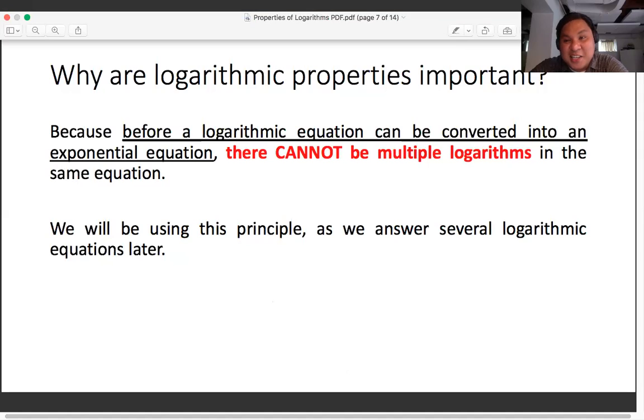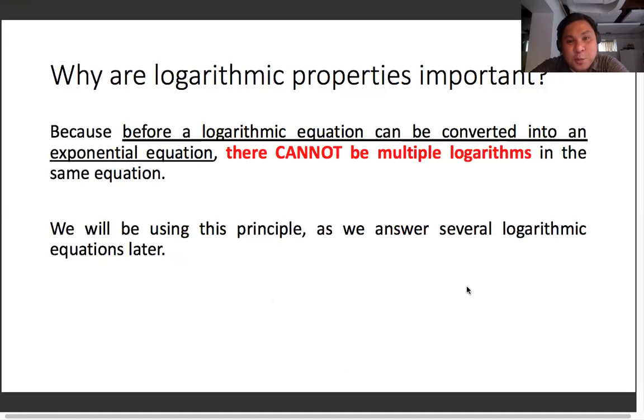Aha, so this is a very, very important question. Why are logarithmic properties important? Why do we need to study them? The thing is, before a logarithmic expression can be converted into its exponential form, there has to be only one logarithmic expression present.